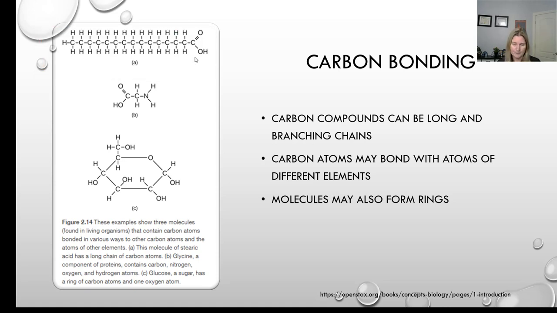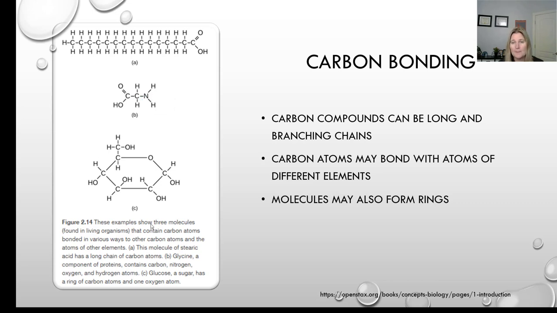And then here we have a double bond with an oxygen and an OH. It doesn't have to necessarily just be carbon and hydrogen or carbon and oxygen. It can also be other elements. So here is an example of a carbon-based molecule that has a nitrogen in it.